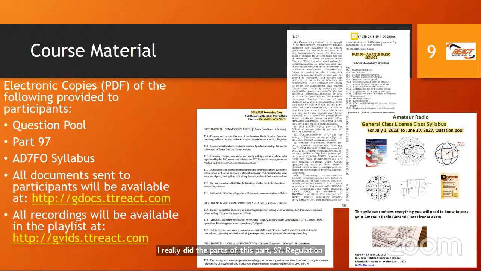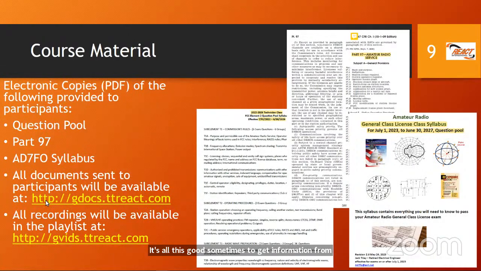An alternative text that's made freely available to all of the participants is on your screen here: the Amateur Radio General Class License Class Syllabus by Jack Tiley, another good perspective if you need it. It's not necessary that you read it through, but we encourage you to have a look at it as well. It's always good to get information from different perspectives.